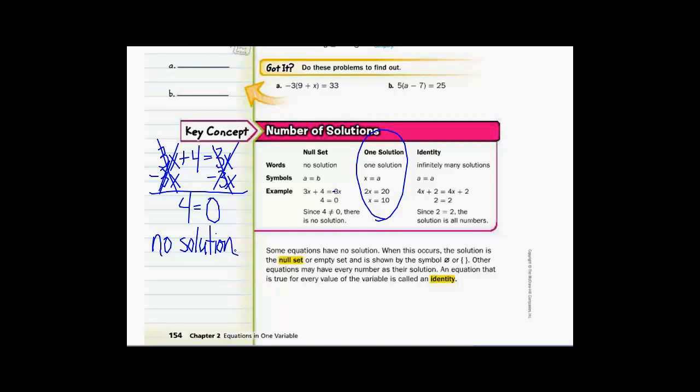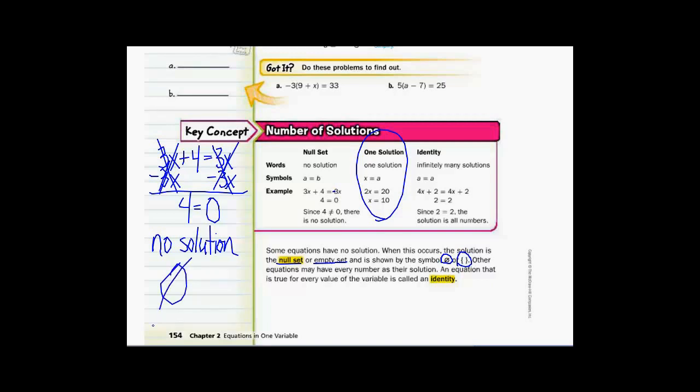You can write out the words null set or empty set. So that is the null set, and then you've got the empty set. I'm going to say most of you will probably pick this one, which is fine. There's no answer for that.